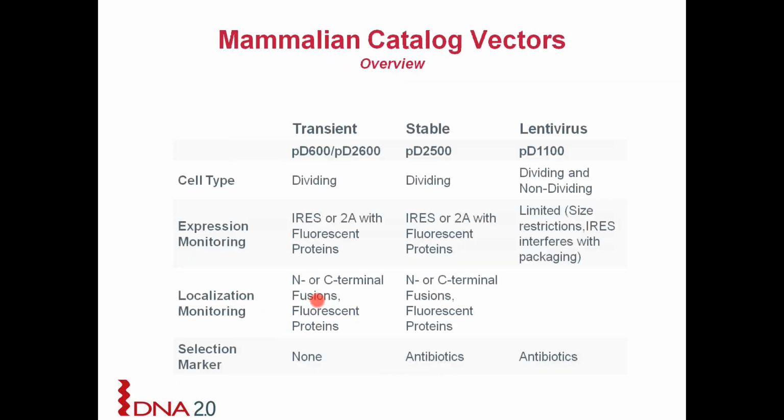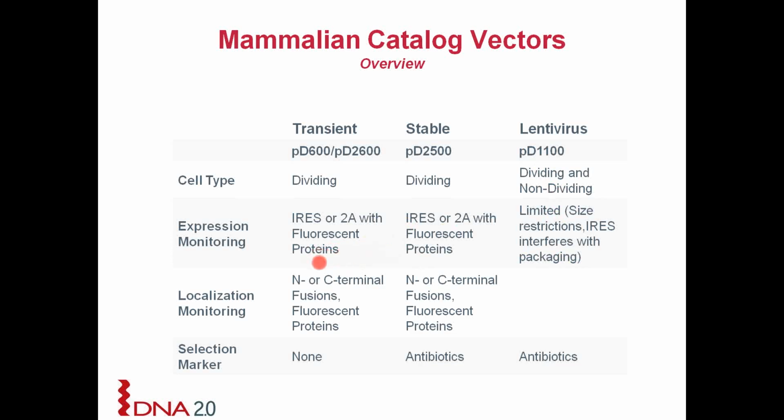So we've added higher performing transient and stable vectors to our catalog, and here's just a brief overview of the vectors and features that are available as catalog items. They're broken down by numbers, so we have groups of PD 600s and 2600s as transient vectors, PD 2500s as stables, and PD 1100s as lentiviral vectors. They're available for bicistronic expression with IRES and 2A elements.